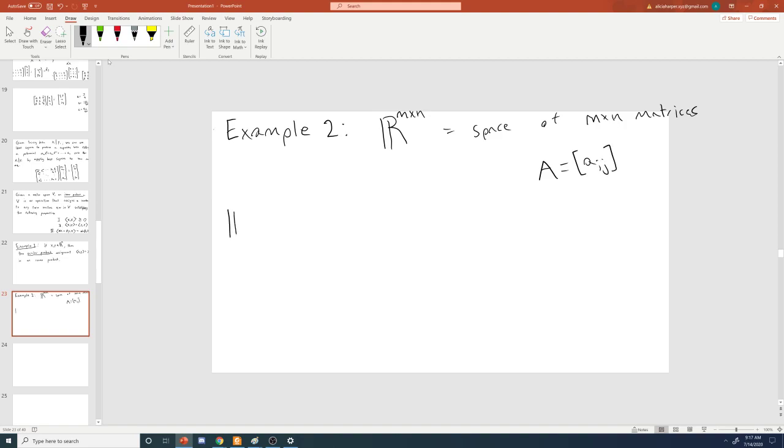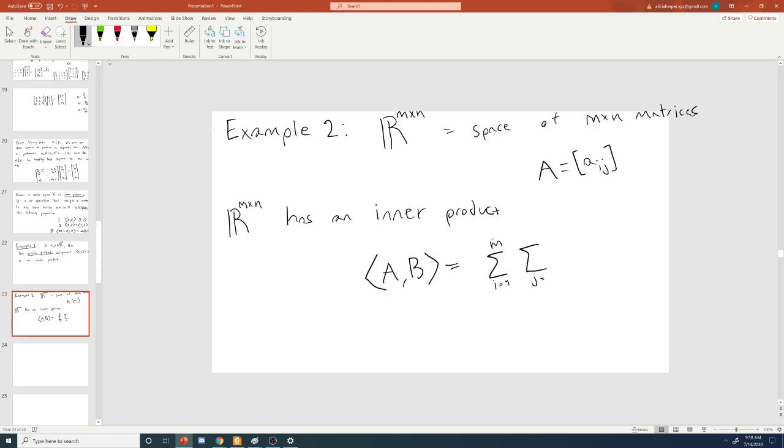Then R m times n has an inner product of A and B given by computing the sum from i equals 1 to m of the sum from j equals 1 to n of aij times bij.